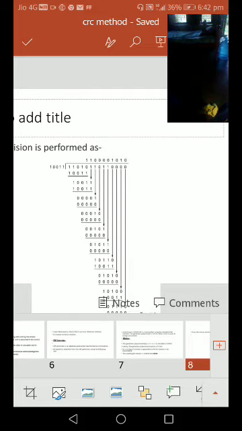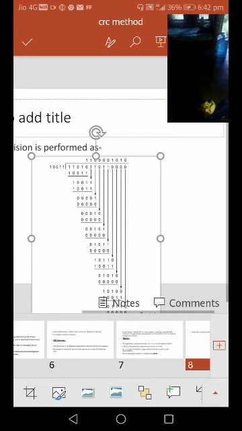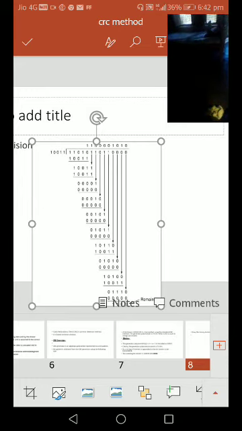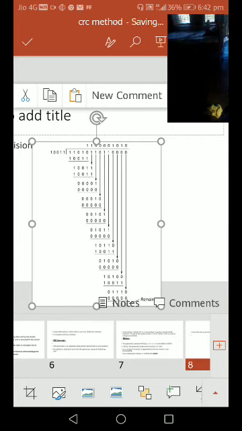10011 and 10110, that is the data that will be taken. 1 plus 0 is equal to 1, 1 plus 1 is equal to 0, 1 plus 1 is equal to 0, 1 plus 0 is equal to 1, 0 plus 0 is equal to 0, 1 plus 1 is equal to 0.